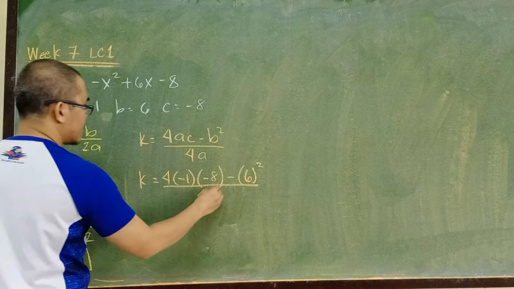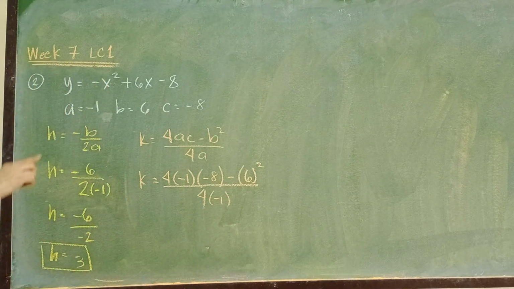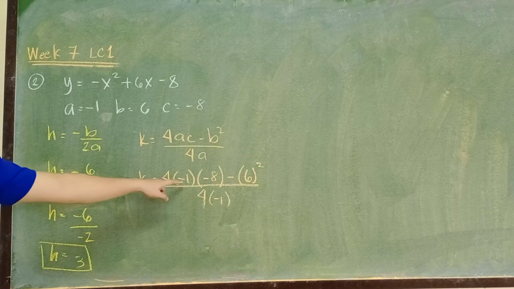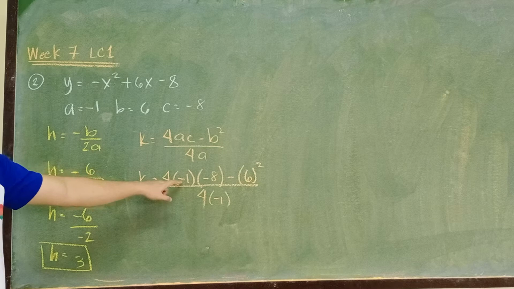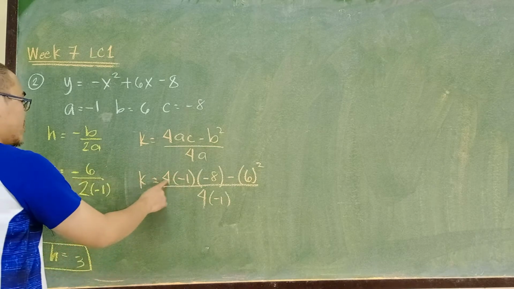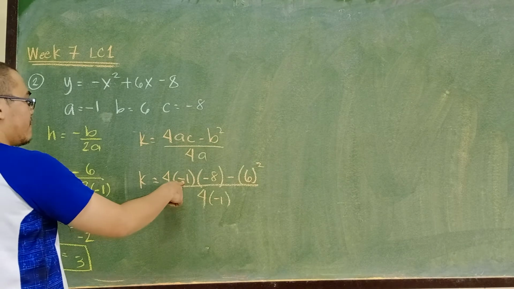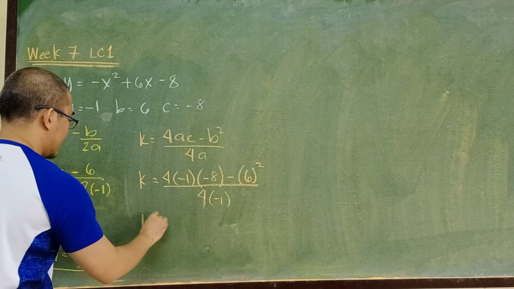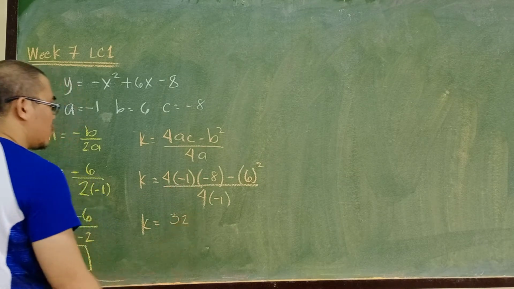Yung A natin is negative 1. So let's simplify. 4 times negative 1 is negative 4. Negative 4 times negative 8, that is positive 32.